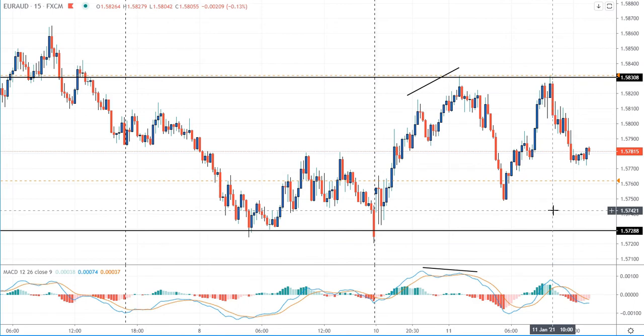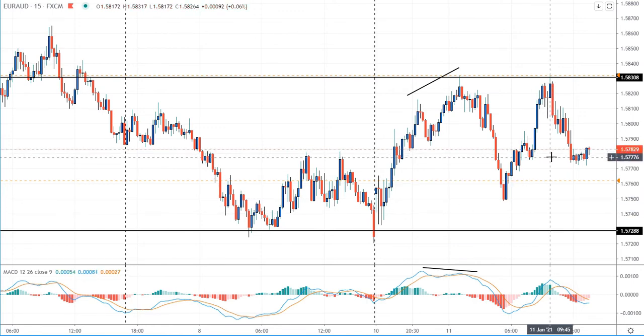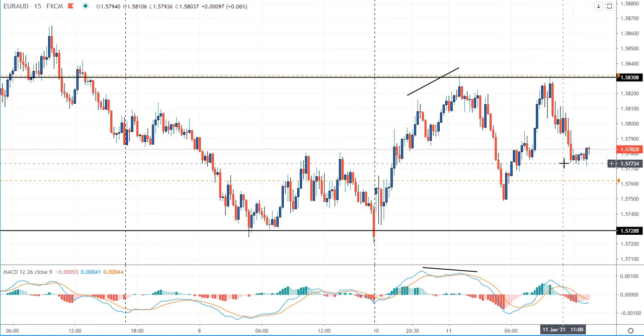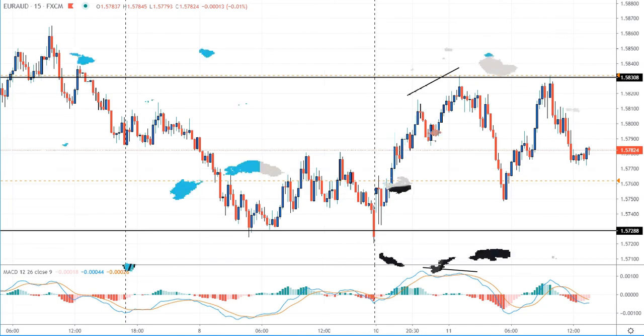Maybe somebody scaled out up here earlier, maybe somebody didn't and kept their full position for a full 3-to-1. There are big differences. So like I say, get something out of the trade, and then you have a chance for a much, much bigger move, especially when you're trading with the big trend like we are with this pair.